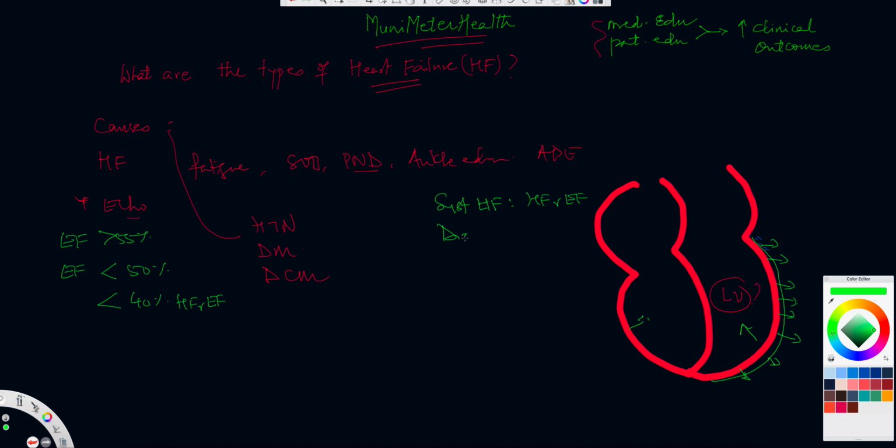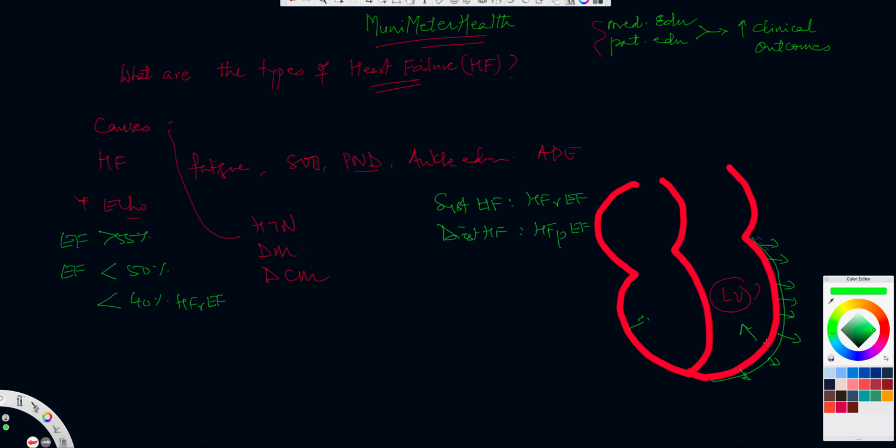What is a diastolic heart failure? We're doing the types of heart failure before we get into the causes here. In diastolic heart failure, you have heart failure with a preserved EF. So HFpEF and HFrEF: HFrEF is systolic heart failure, and diastolic heart failure is HFpEF, where the systolic function is preserved, but the heart is not able to relax too well.